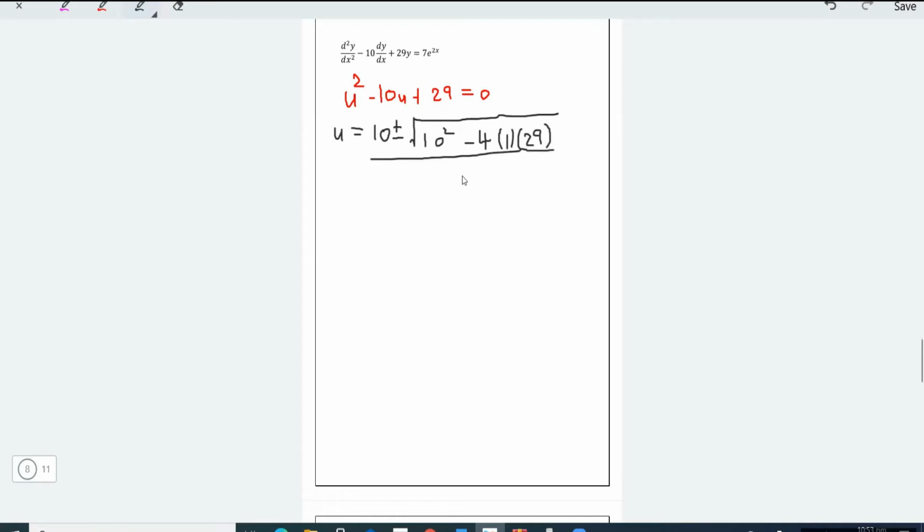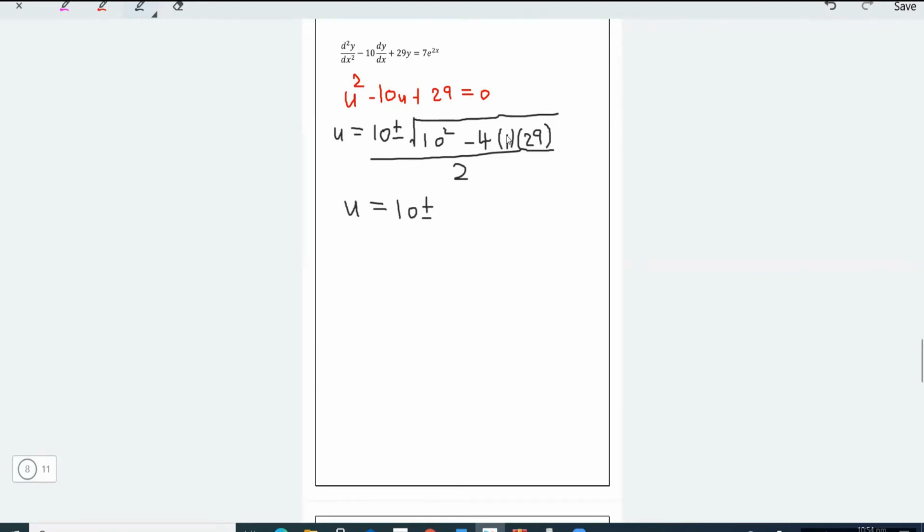So let's go ahead now and work out what we're getting for u. Simplifying this, 10 squared is 100. 100 minus 4 times 29, just to be safe, I'll put that in my calculator.